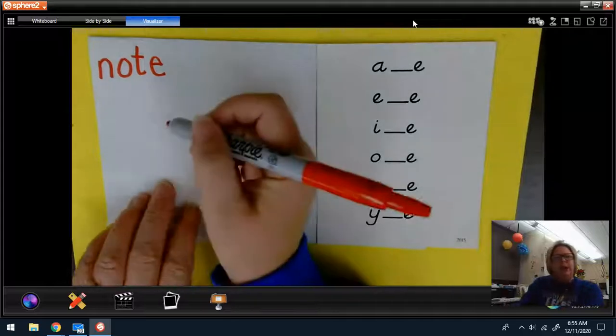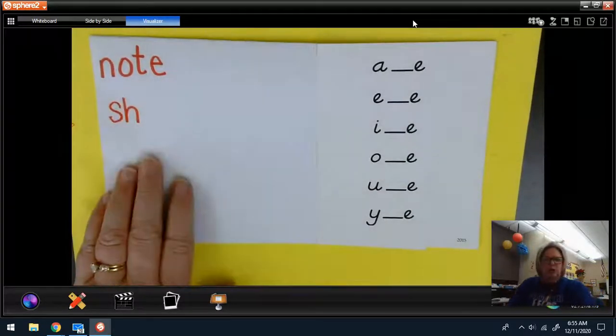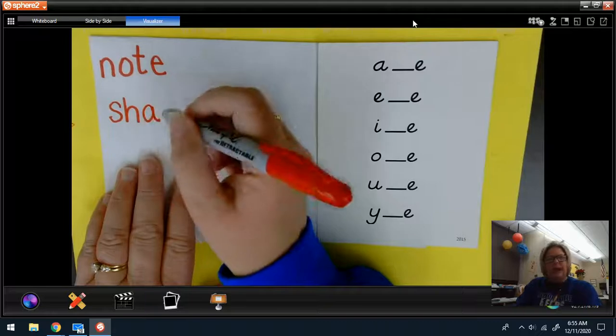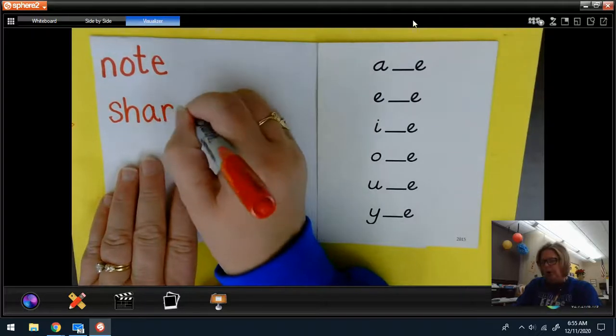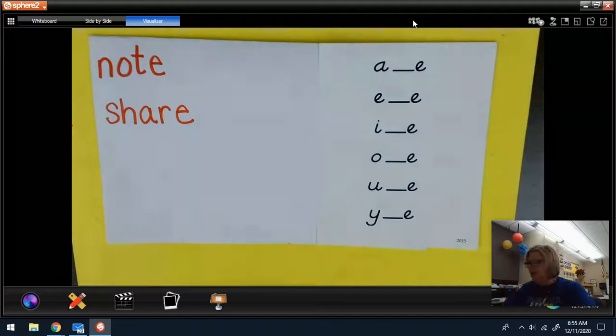All right, so the word is share. Sh. S-H. Share. I hear this pattern, A, R-E, share.